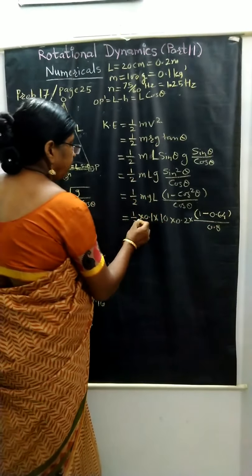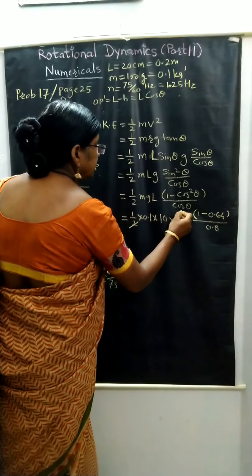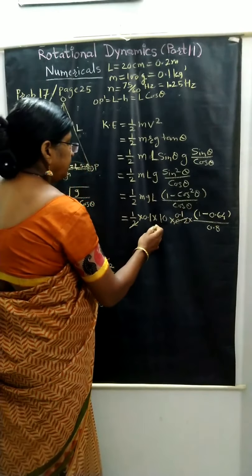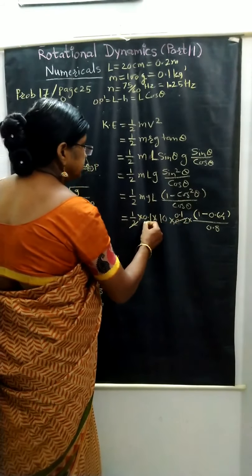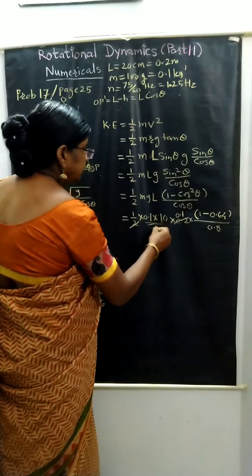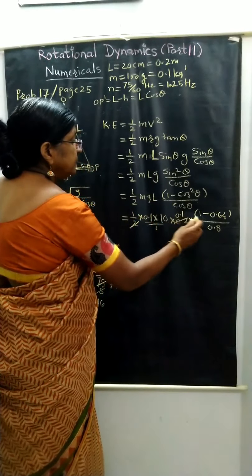Now this half with this 0.2 makes 0.1, and 0.1 divided into 10 gives 1. So this is equal to 1. So these all things make 0.1.